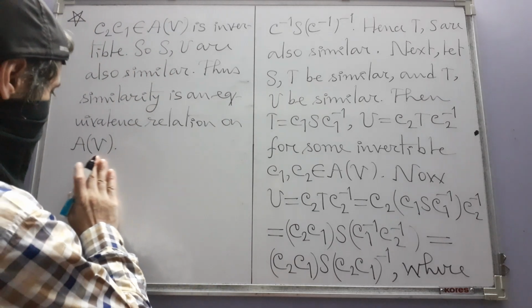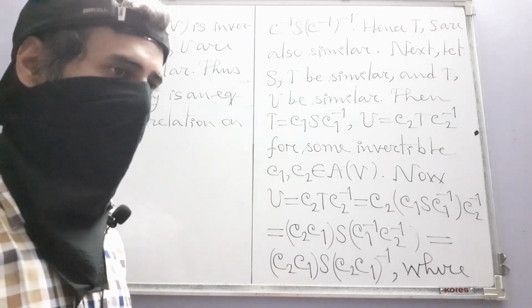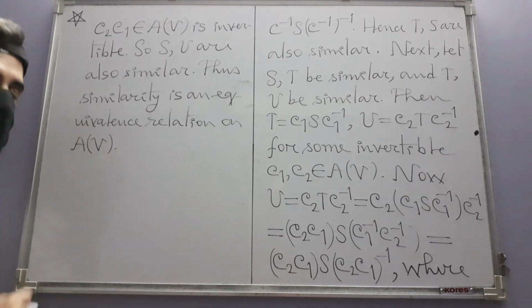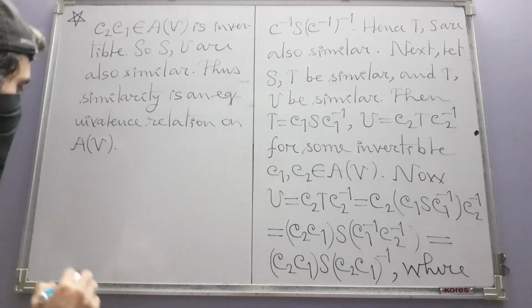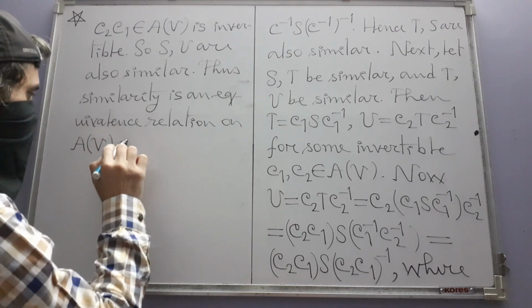Alright. Now because we have proved that this is an equivalence relation, it will partition this algebra into disjoint equivalence classes. And these classes have names.